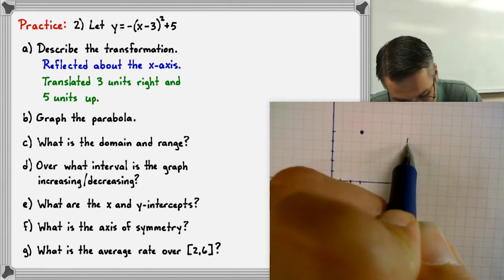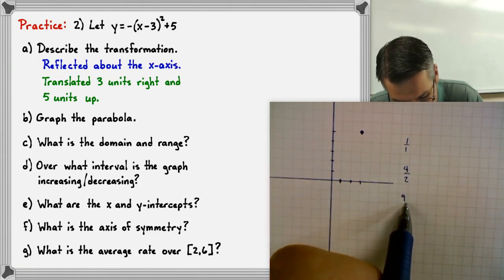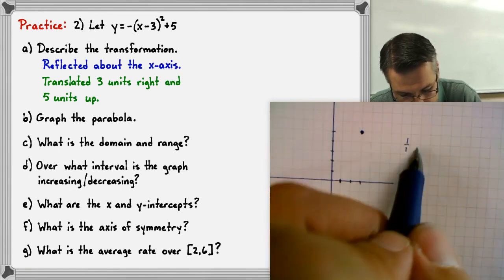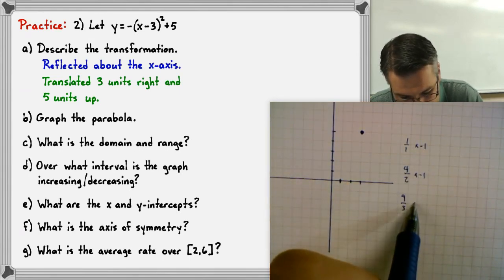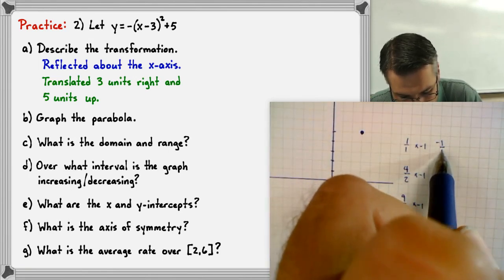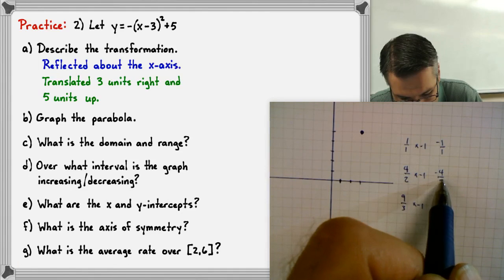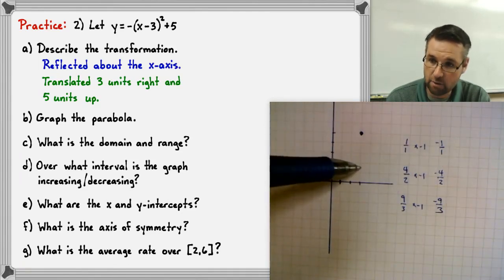It's 1 over 1, 4 over 2, 9 over 3. Now, if you want, you can think about multiplying by negative 1 on each of these because the a value is actually negative 1. But what do we get? We get negative 1 over 1, negative 4 over 2, negative 9 over 3, and that's just telling us that we're going down instead of up.